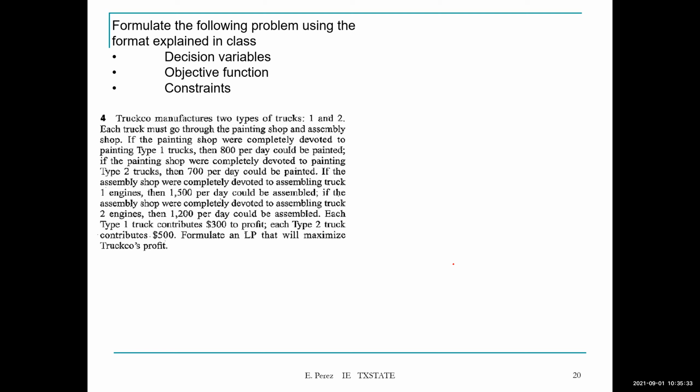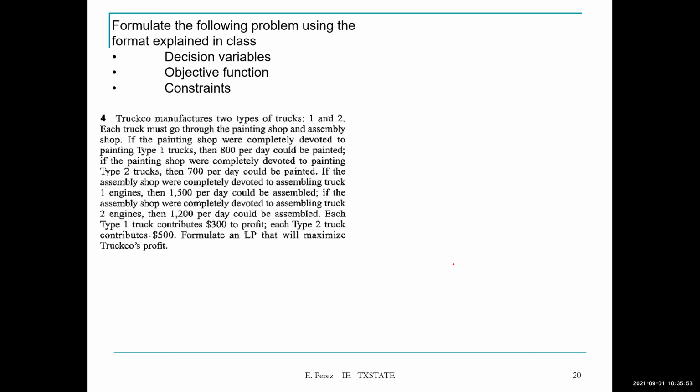So basically what this says is we have a company that manufactures two types of trucks, 1 and 2. Each truck must go through the painting shop and assembly shop. If the painting shop were completely devoted to painting type 1 trucks, then 800 per day could be painted.